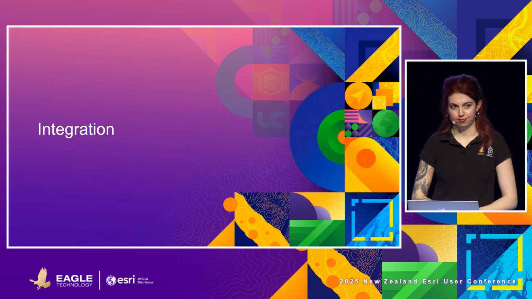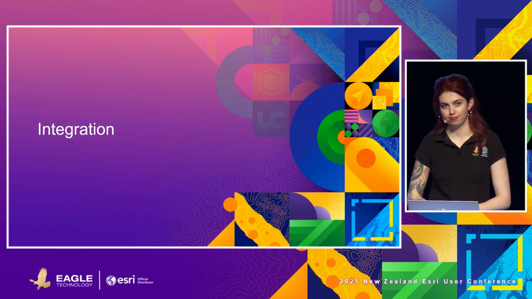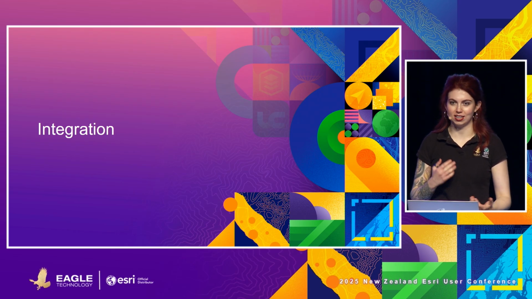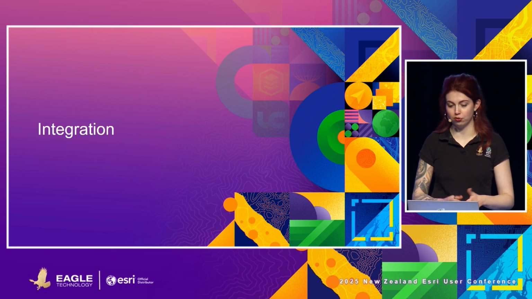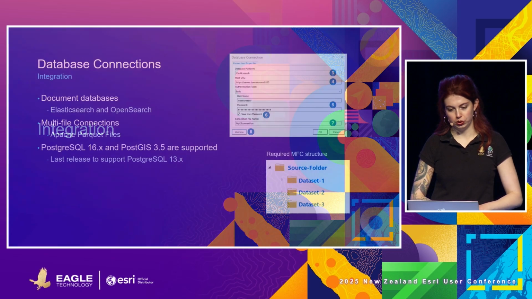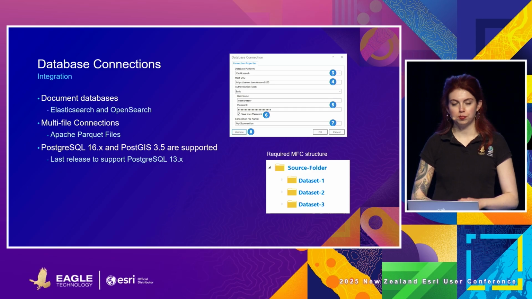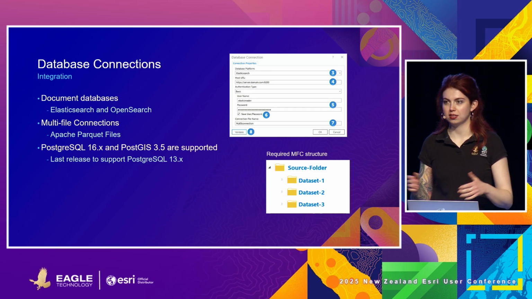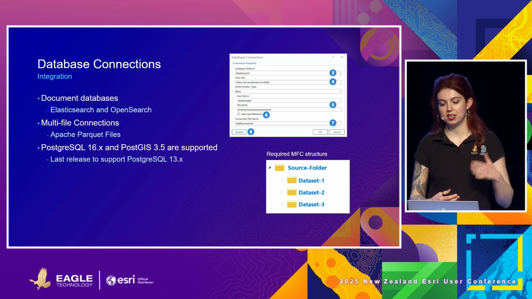So integration. A lot of us do not use GIS tools in isolation. We use other things that are then connected to ArcGIS Pro, for instance. And we do have some notices when it comes to this. So database connection. We all use different kinds of databases that might be connected to ArcGIS Pro. One of them could be document databases.